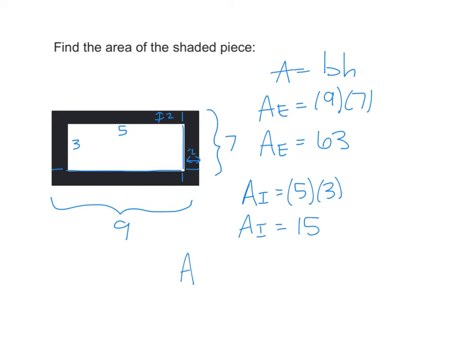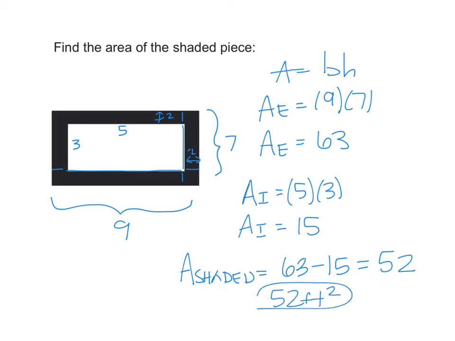So the area of the shaded would be 63 minus 15. And then that would give you your final answer, so it would be 52. So let's say the area would be 52 feet squared if we were making this all in feet.